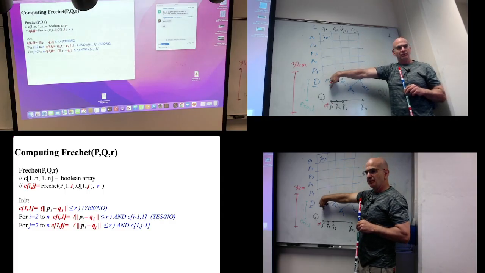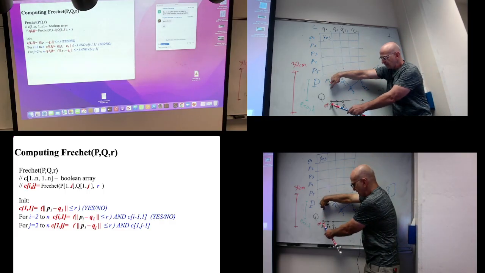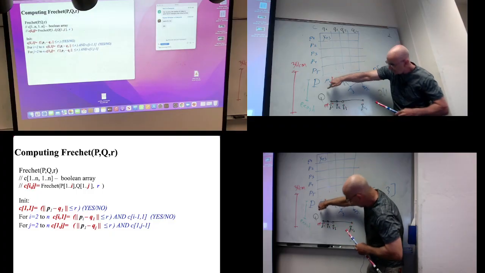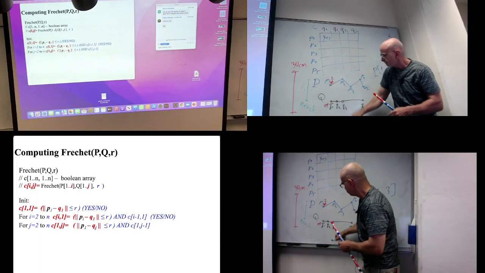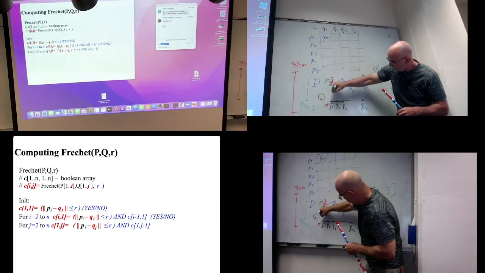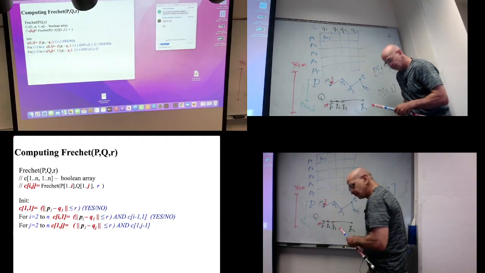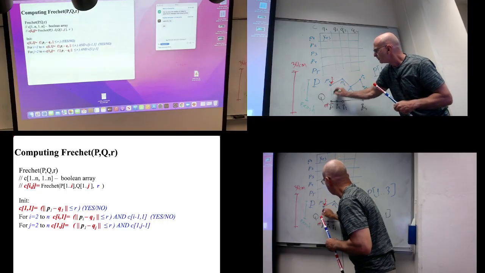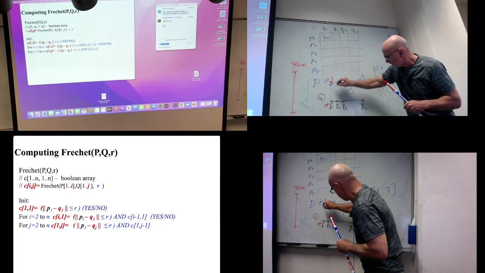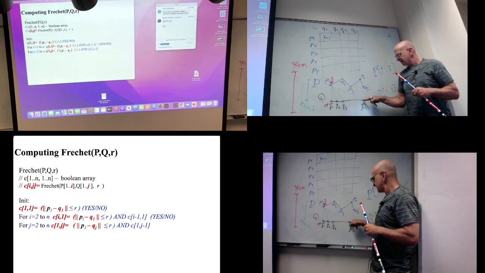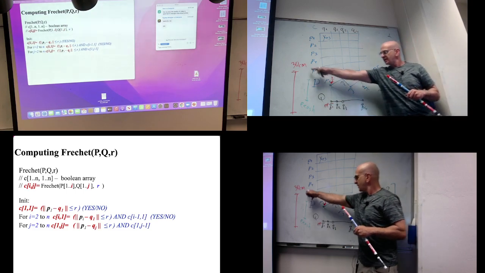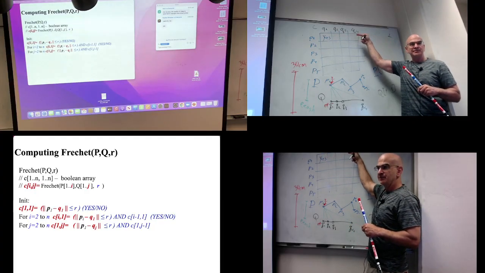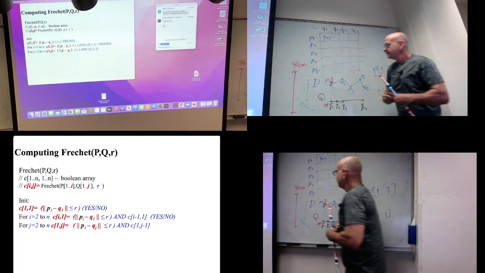The person is glued to P1, and the dog can move forward all the way up to Q4, and all these distances from P1 to Q1, P1 to Q2, P1 to Q3, P1 to Q4, all these leashes are less than R, less than your target. Then you'll write yes all over the place. Good.